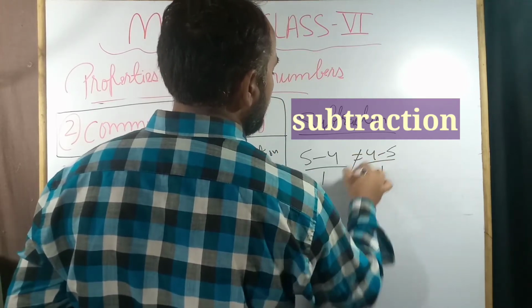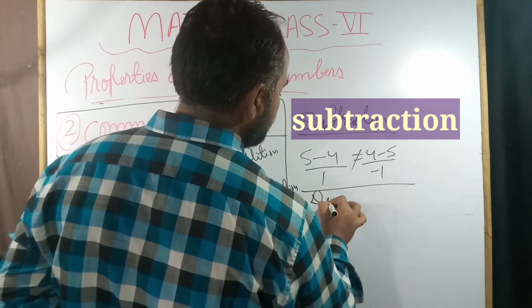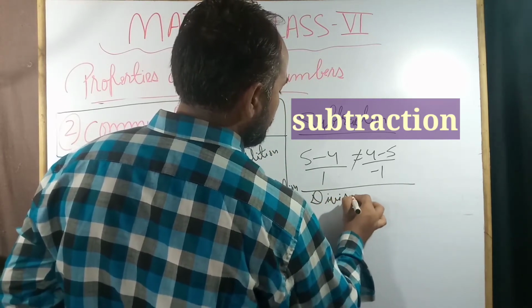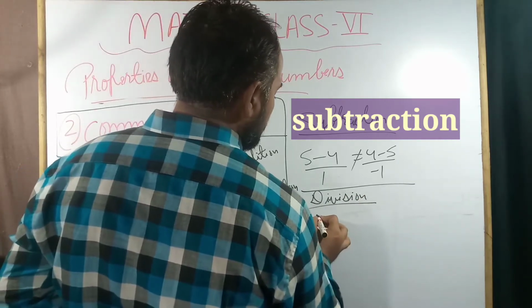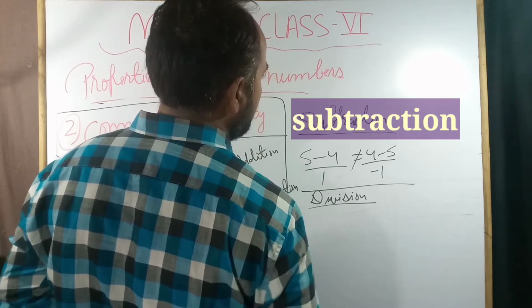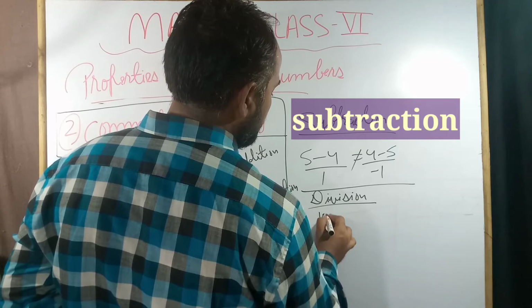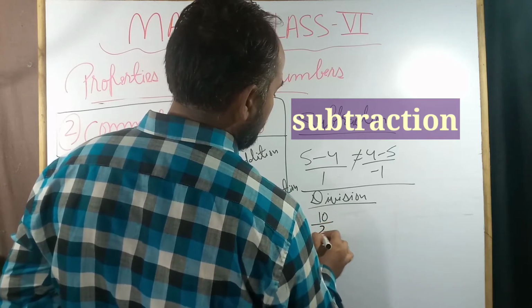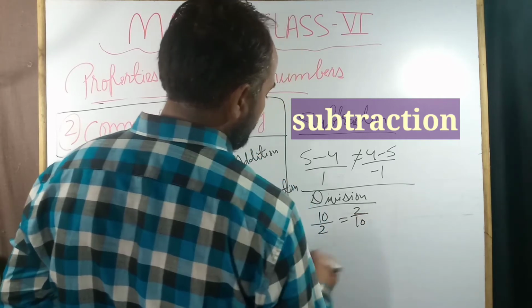In the case of division, suppose I take 10 upon 2 and 2 upon 10, they are not equal.